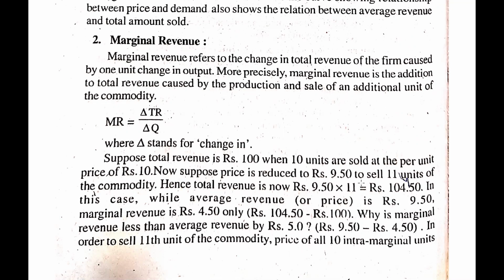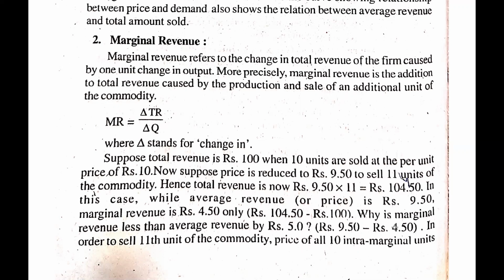But now I just decreased my price from 10 to 9.5, and I am selling 11 units, because I have decreased my price so that I am able to increase my sale. So I will get 104 rupees. So by increasing one additional unit, I'm getting 4.5 rupees more. So 4.5 is my marginal revenue.